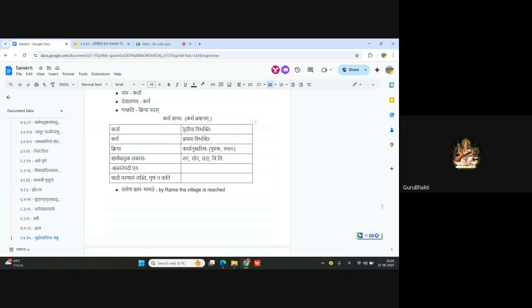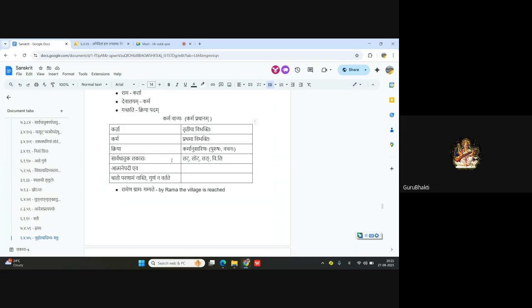We are not going to touch Kartruvachya for now, only Karmavachya and Bhavavachya. In Karmavachya, karta should be in tritiya, karma in prathama, and kriya karmanusari. Karmavachya and Bhavavachya are applicable only to those lakaras which belong to sarvadhatuka.